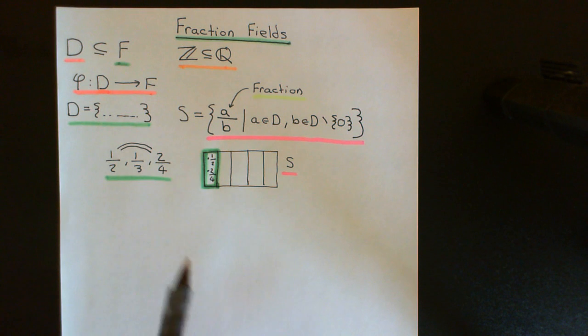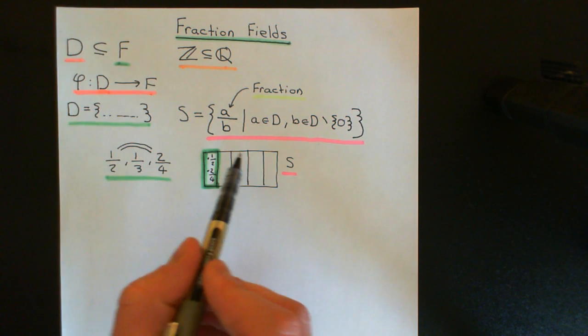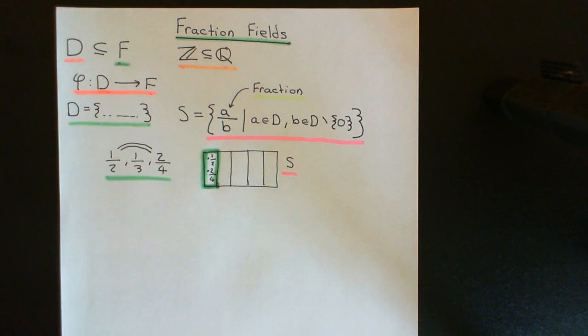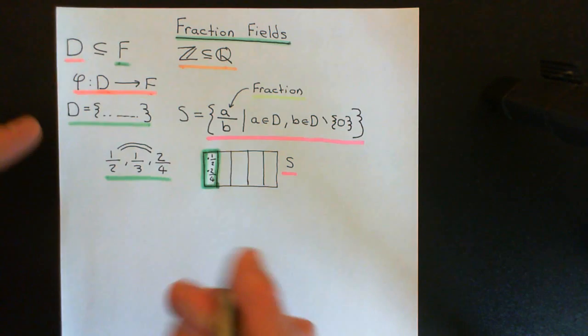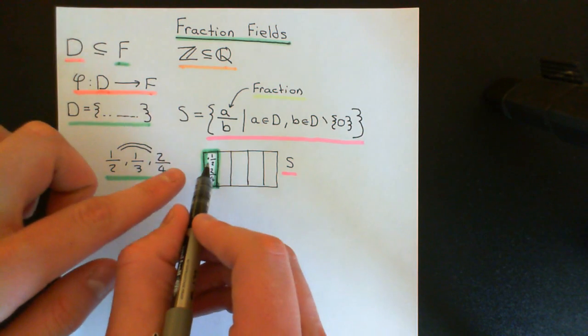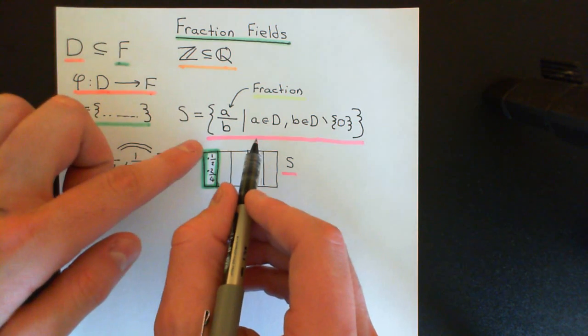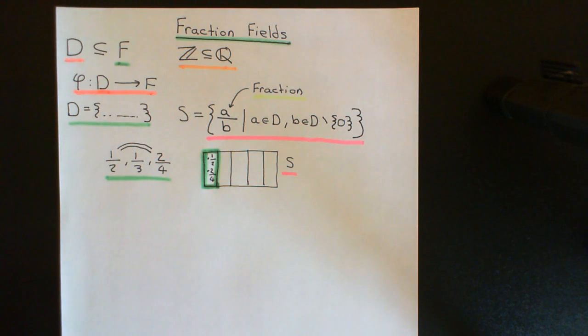So the fraction field F is going to be made up of these equivalence classes of equivalent fractions, rather than being this. Instead, the fraction field will be made up of lots of subsets of this set capital S, which contain equivalent fractions, and overall they completely cover the set capital S. And that's that much more complicated mathematical structure. That's the structure that I'm then going to define addition and multiplication on, and incredibly I'm going to be able to make it a field.